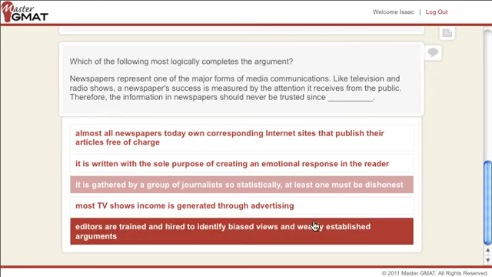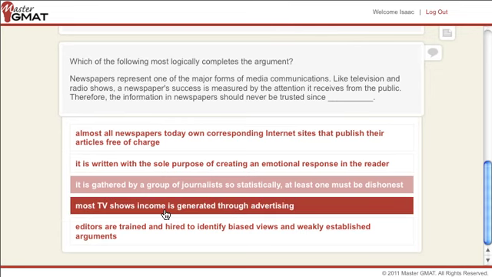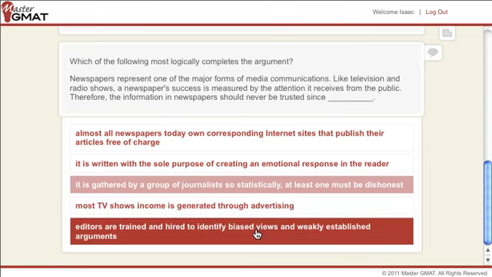Now, let's go to the next answer choice. D, most TV shows' income is generated through advertising. Does TV shows' income generation have anything to do with whether newspapers can or cannot be trusted? Absolutely not. This is completely irrelevant to the argument. And E, editors are trained and hired to identify biased views and weakly established arguments.